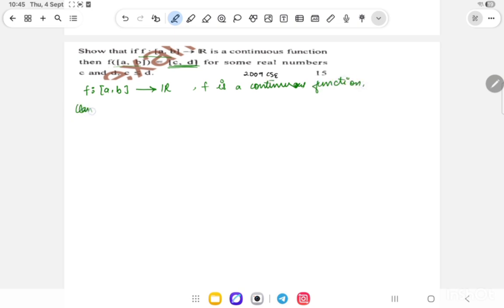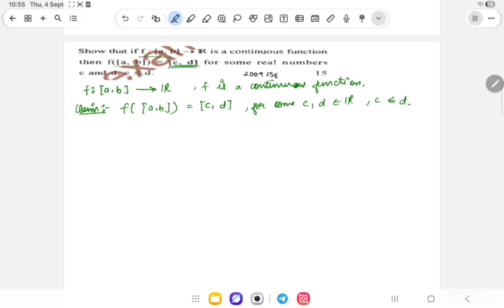Then we claim that f([a, b]) equals [c, d] for some c, d in real numbers, with c less than or equal to d.